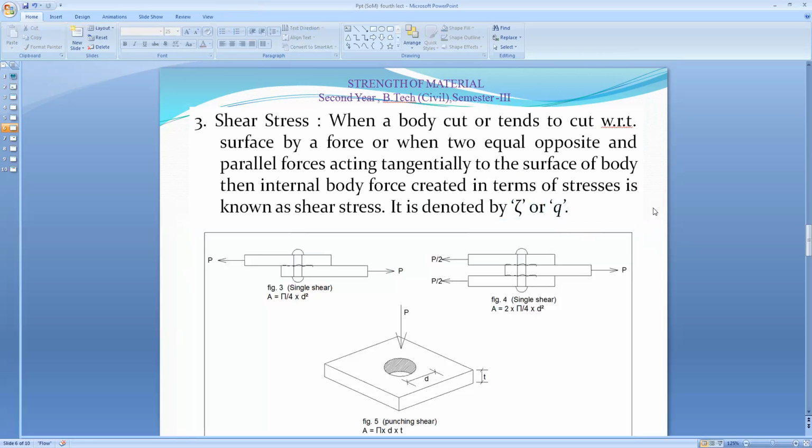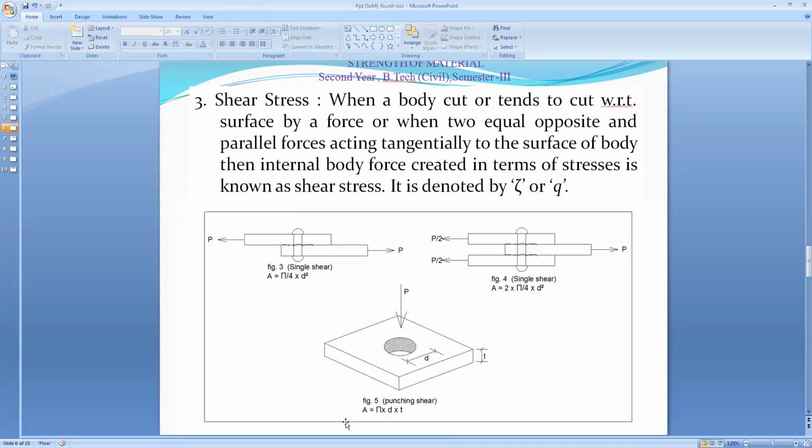To understand the concept of shear stress well, let us see figure number 5. There are three parts in the figure: part 1, part 2 and part 3. There is a lap joint between plate number 1 and plate number 2, joined using a rivet.